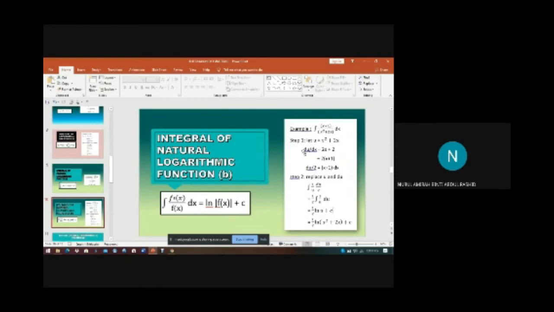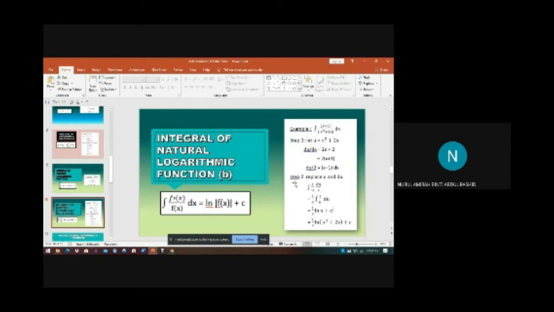So for the example, we also have to use the u substitution. So let's say u is given by x squared plus 2x, and we get du dx equals 2x plus 2, and factorize it to 2 in bracket x plus 1, and we get du over 2 is equal to x plus 1 dx.